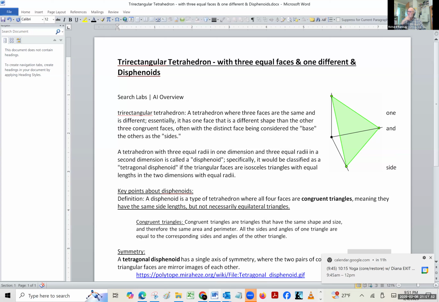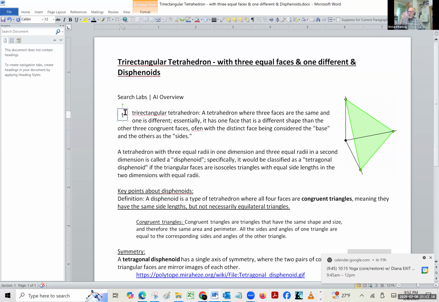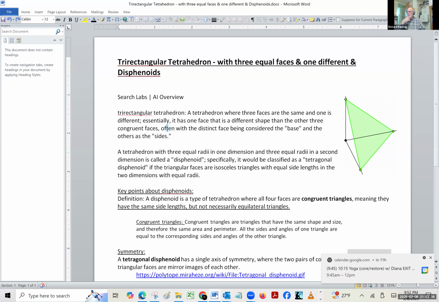Yeah. Okay. And you see, the other thing that we were trying to do, or at least I was, when we first started out, I was trying to say that what we were creating with the 90-degree angles was, well, I called it an irregular tetrahedron. Now I find out that because the 90 degrees were kept, it's really a tri-rectangular tetrahedron.